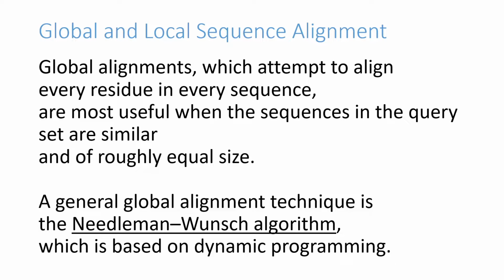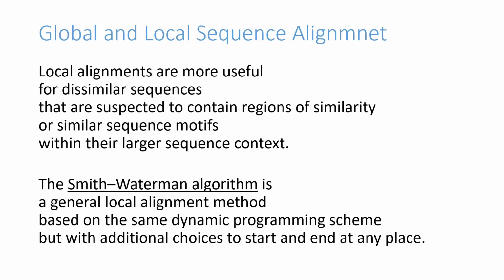Global alignment, which we do from the beginning to the end of the sequences, is based on the Needleman-Wunsch algorithm. Local alignment we do for very dissimilar sequences where the boundaries are not known properly.